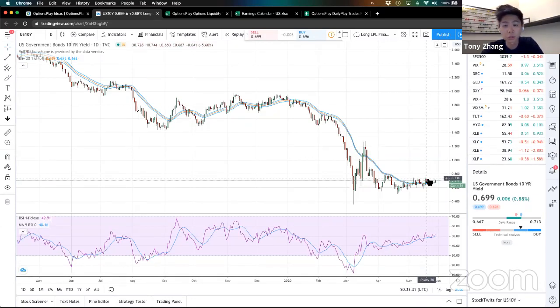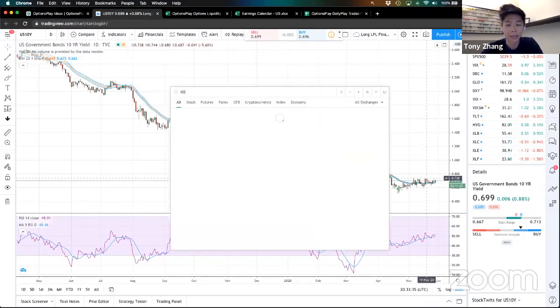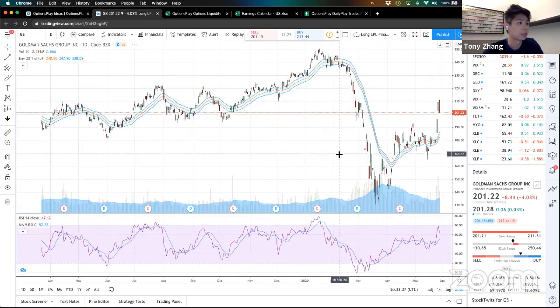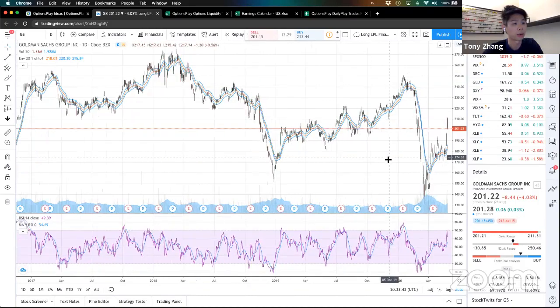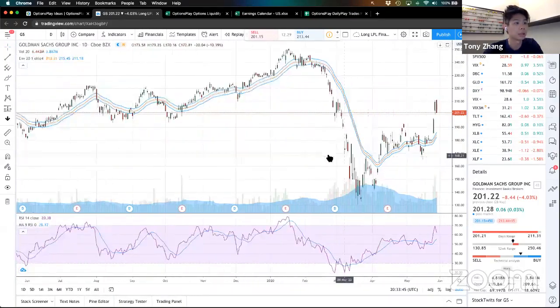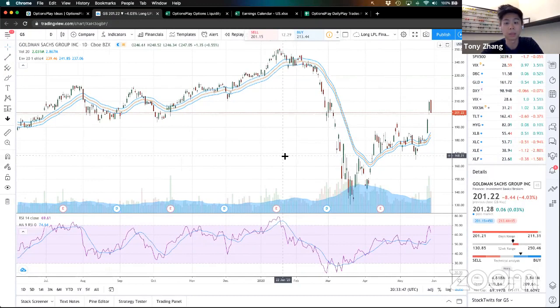And I specifically tried to pick a name, Goldman Sachs, that isn't particularly strong as a stock. It has predominantly underperformed the markets for quite a few years now. It is not a strong player. Goldman Sachs used to be, I would say, a poster child of M&A deals and trading.